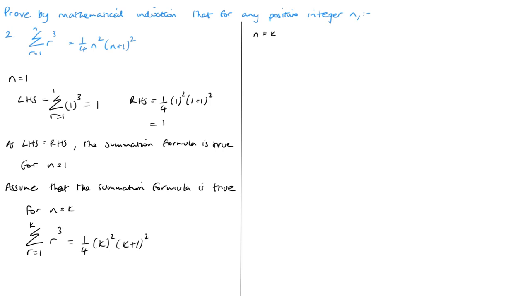Now n equals k plus 1. So we are looking at between r equals 1 and k plus 1 of r cubed. Okay, now we can replace the sum to k with 1/4 k squared k plus 1 squared k plus 1 cubed.